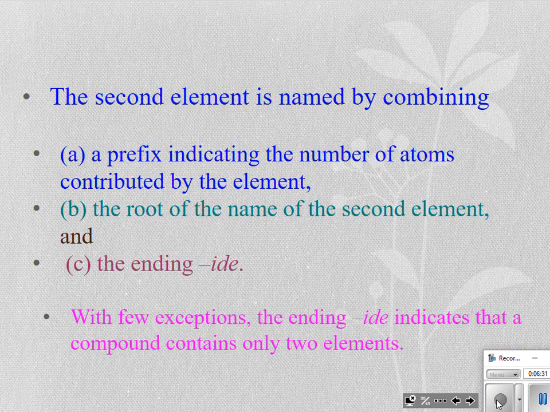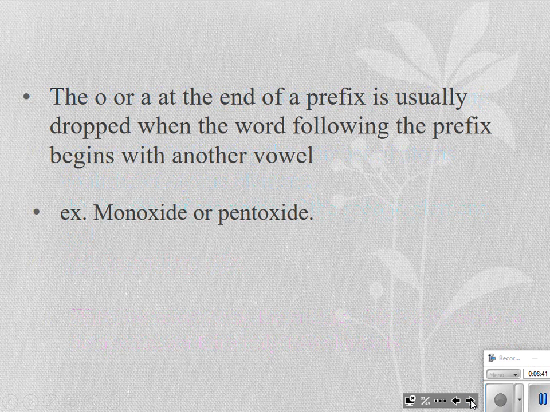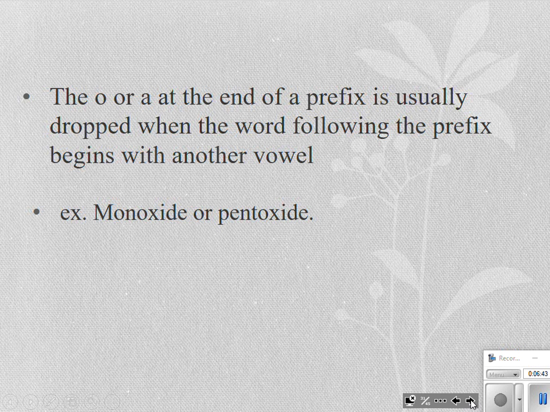But the new part here is adding the prefix. Okay? Adding the prefix. Now, you might be asking yourself, okay, what are these prefixes? We'll go over those here in a bit.